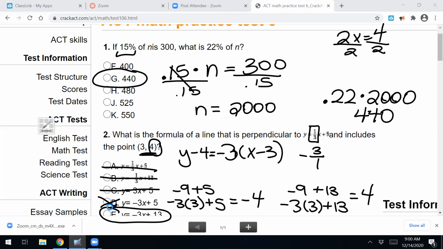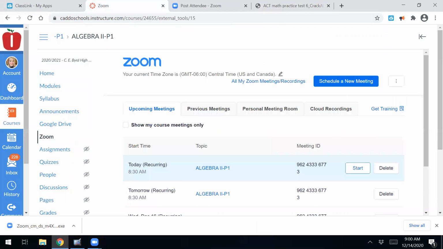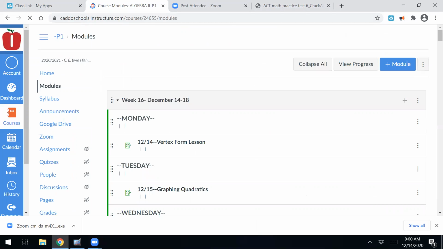Okay. We are going to be in our book today. If you go to your module, all right, so today we are going to be working on the vertex form.